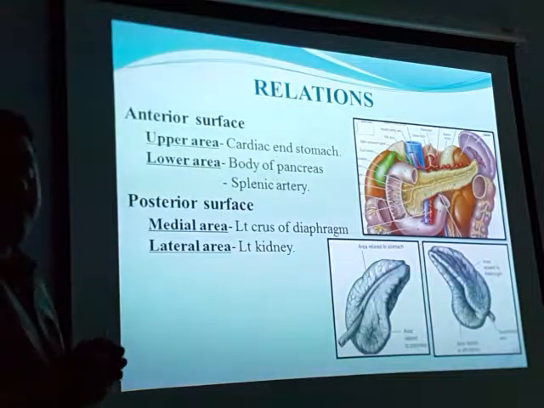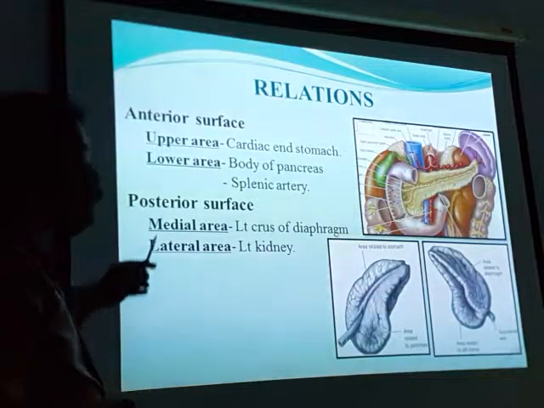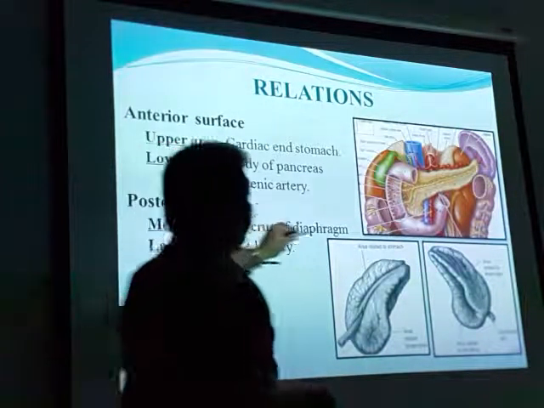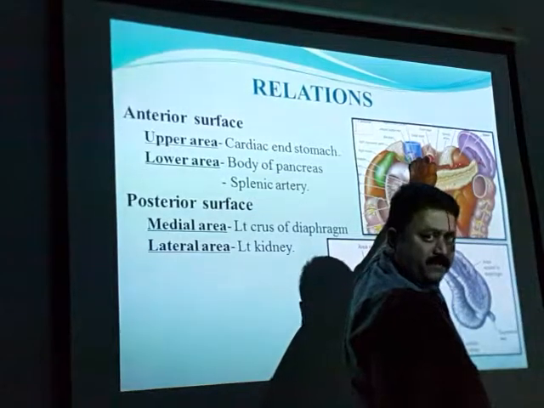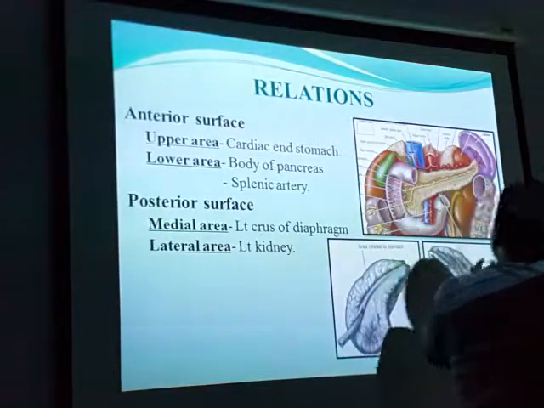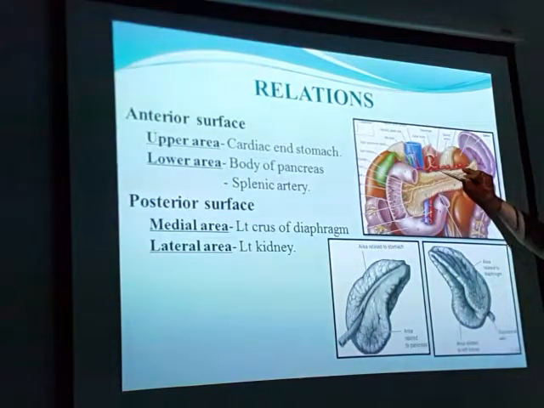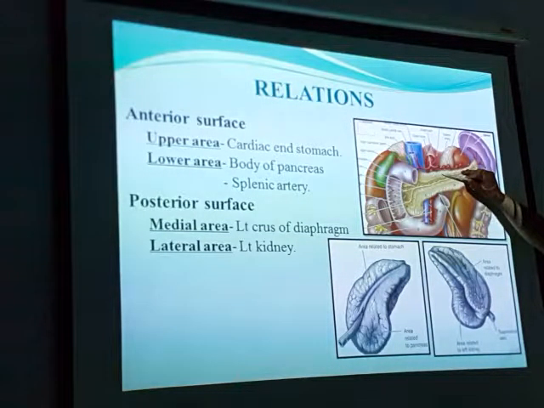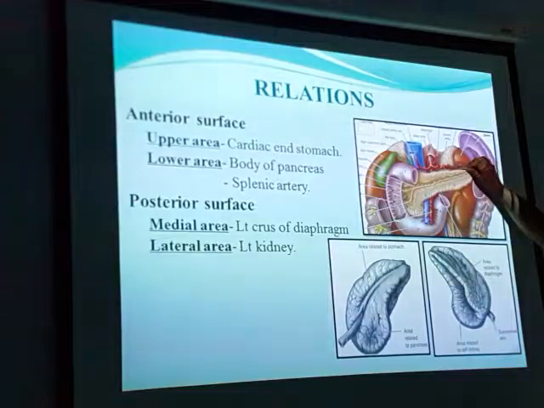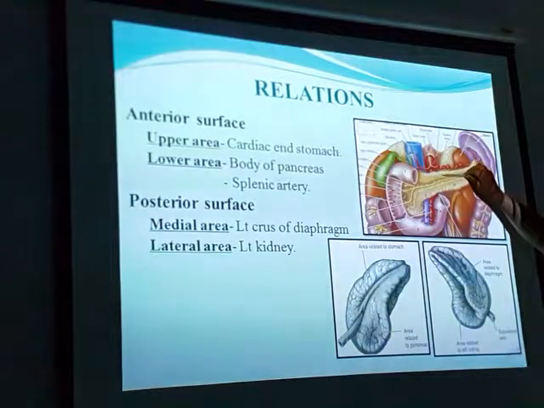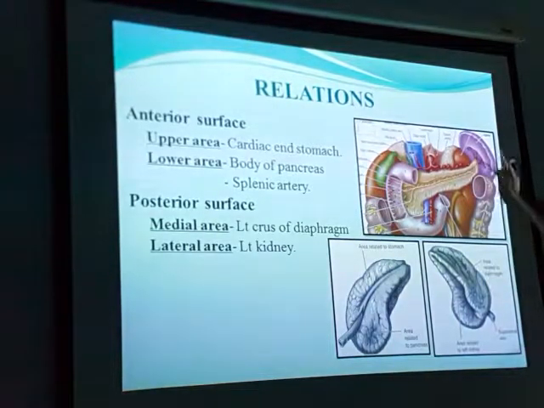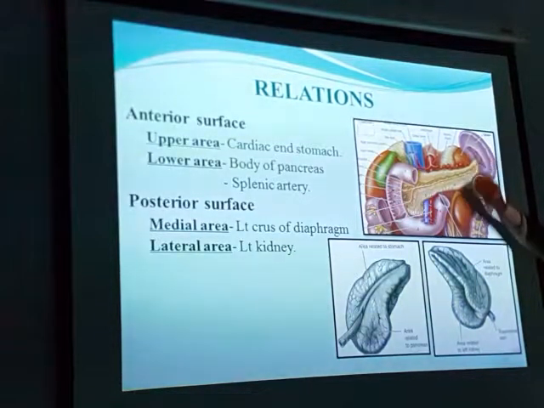The lower area, can you show us the lower area of the anterior surface? Whole of this thing is supposed to be here. This is the left suprarenal gland, divided into an upper area and a lower area. The upper area is related with the cardiac end of the stomach.